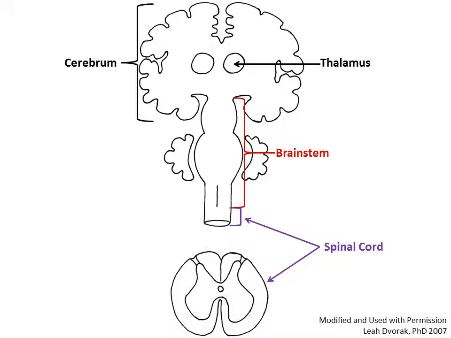Now, there are two cerebral hemispheres, a right and a left. There are two thalami, a right and a left. I've only labeled one thalamus and the cerebrum as a whole, but you want to make sure that you are aware the right side of the nervous system in this drawing would be on your left side of the paper.